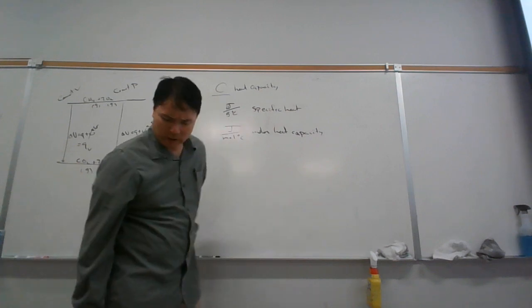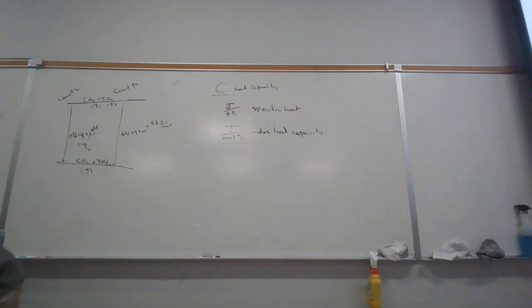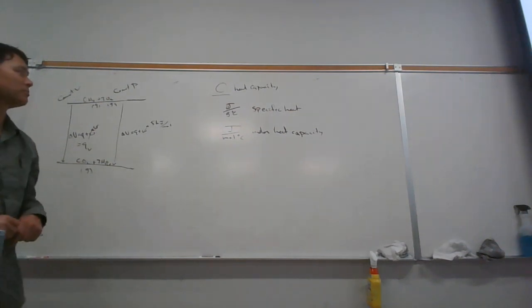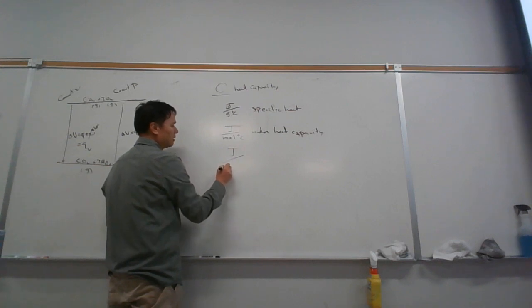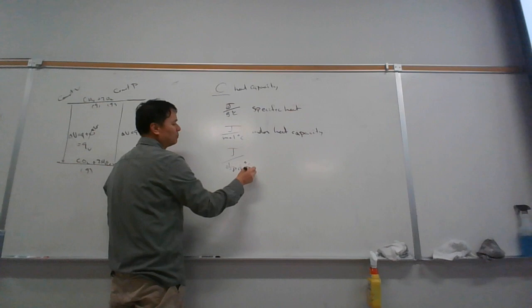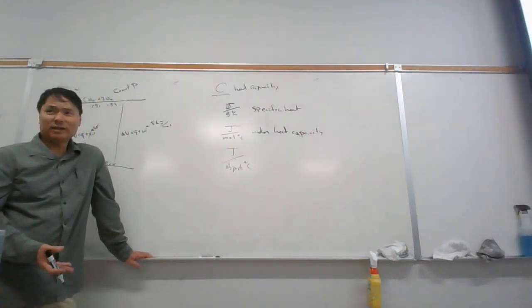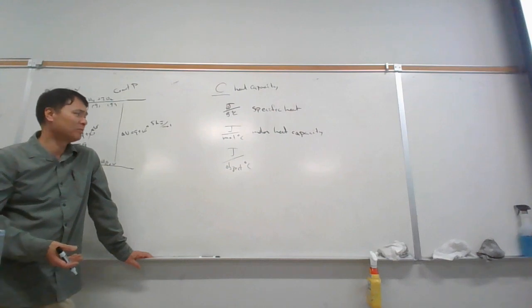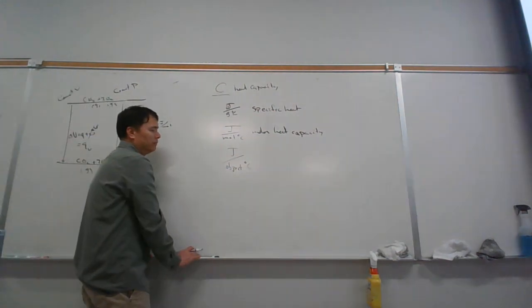But sometimes when we're dealing with things that we don't want to weigh, we look at the heat capacity of an object. So let's say you're building a brick wall. Do you want to weigh how many grams of brick you have? No, you probably just want to know how many bricks there are. Are there 1,000 bricks in the wall or 100?